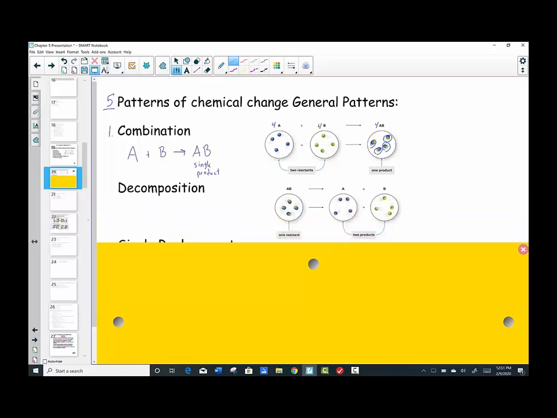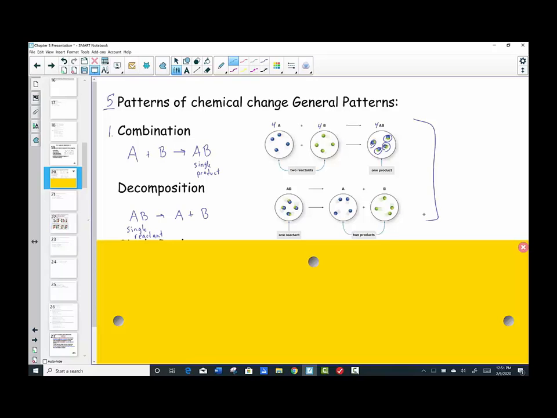The opposite of a combination is a decomposition, where we have compound AB breaking down into the elements A plus B. Decomposition is the only pattern that begins with a single reactant. AB breaks down into A plus B, a decomposition.